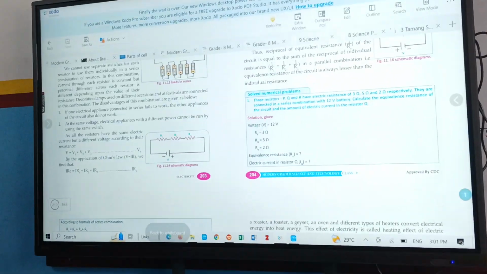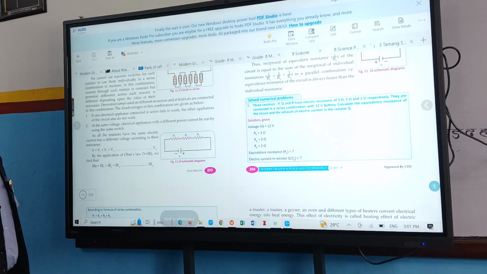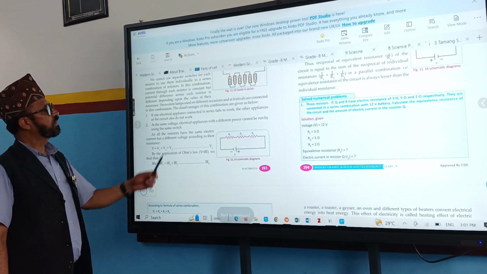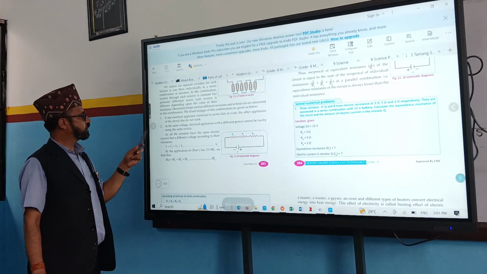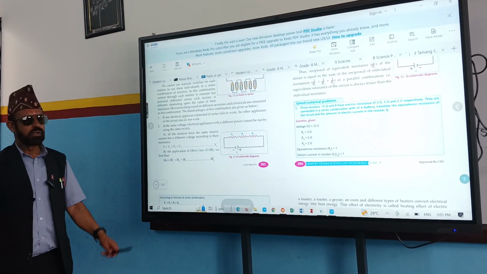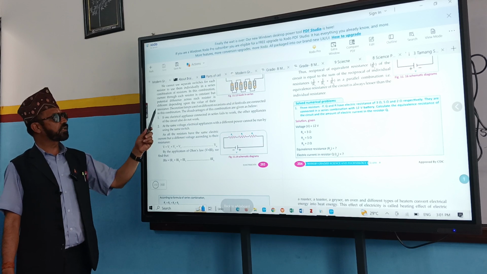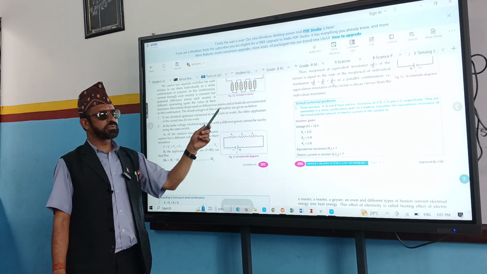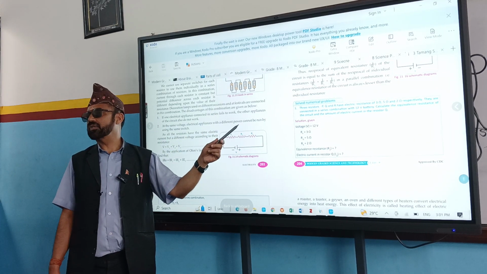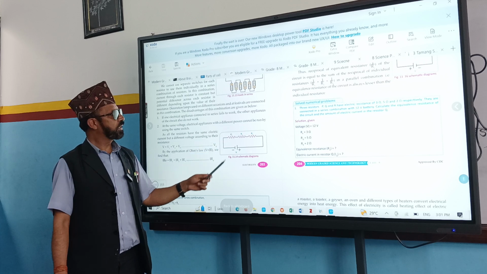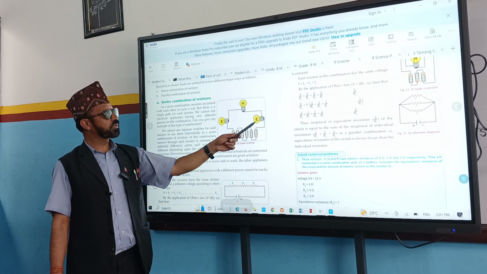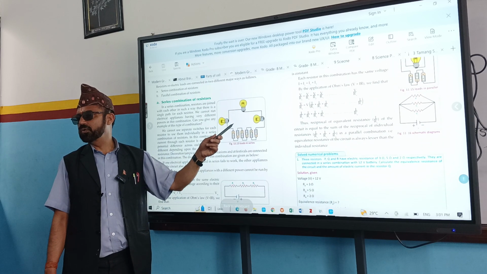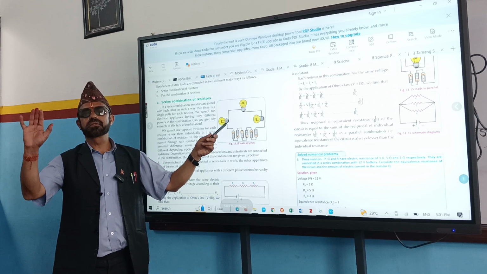So here we have to remember the disadvantages of using those resistors in series combination. Here are two disadvantages. Point number one, if one electrical appliance connected in series does not function, the rest of the others also do not function. I mean, if one bulb does not glow, the others also do not glow. That is a demerit. Please pay attention.